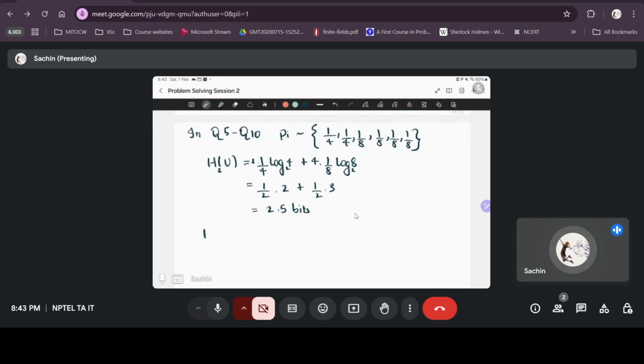Now if D is equal to 2, E of W is greater than or equal to H2(U) and less than or equal to H2(U) plus 1. So the expected value of W is between 2.5 and 3.5 bits.